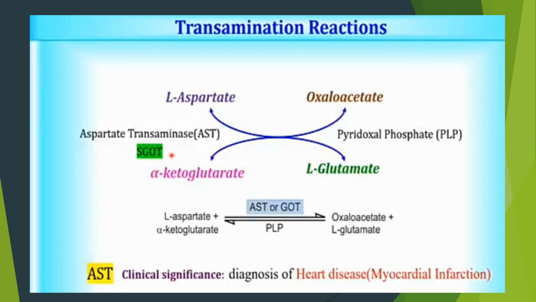This reaction can also be written as L-aspartate plus alpha ketoglutarate forms oxaloacetate plus L-glutamate. AST or SGOT is the enzyme involved in the catalysis of this reaction.